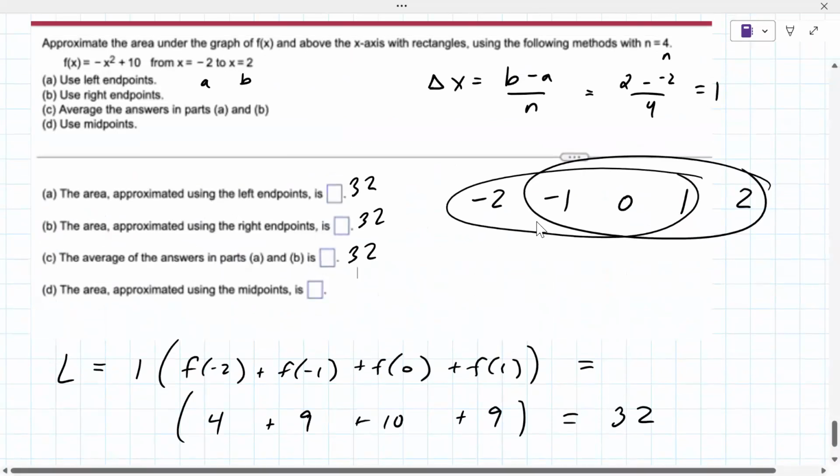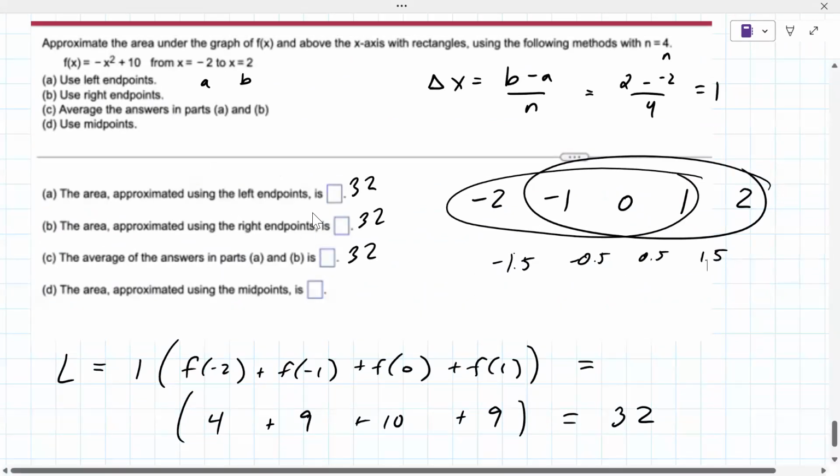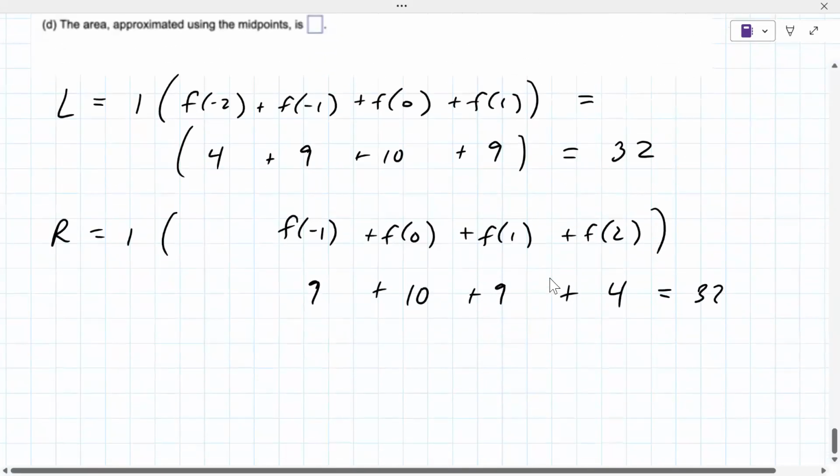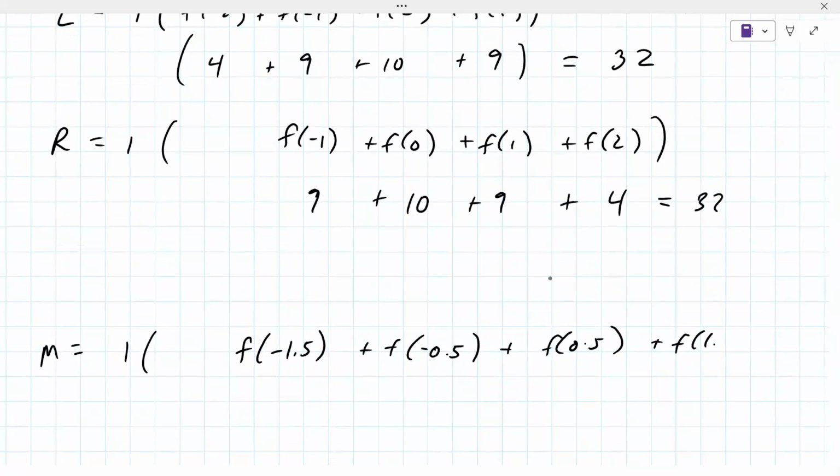And then the next thing here is the midpoint. This one's way worse. You end up using the midpoints between these: minus 1.5, minus 0.5, 0.5, and 1.5. So you can't actually reuse any of the values. For the midpoint, it's again delta x times f of negative 1.5 plus f of negative 0.5 plus f of 0.5 plus f of 1.5.